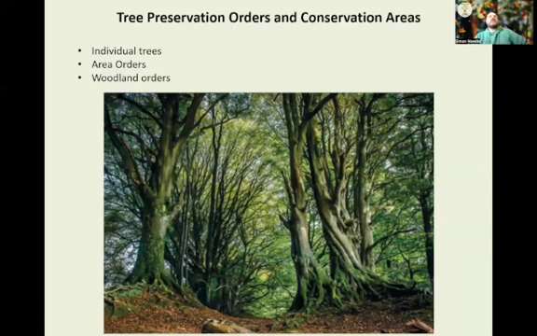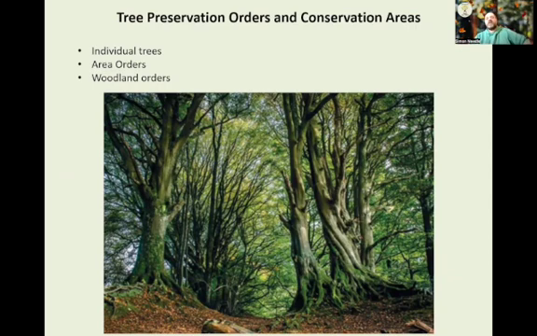So tree preservation orders and conservation areas come in different levels. Conservation areas are designated across a geographic area. Within Birmingham, there are 34 conservation areas. Some of those are quite extensive. One of those covers much of Edgbaston as the ward.